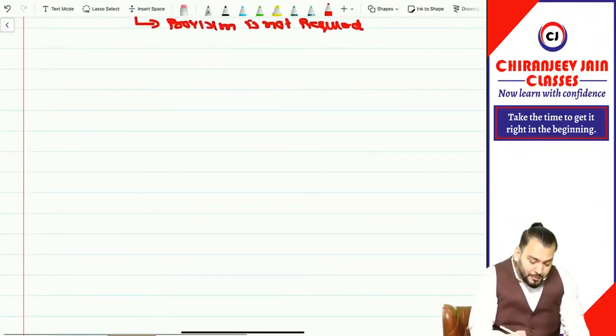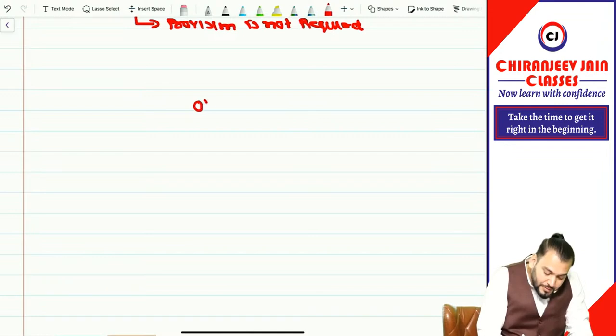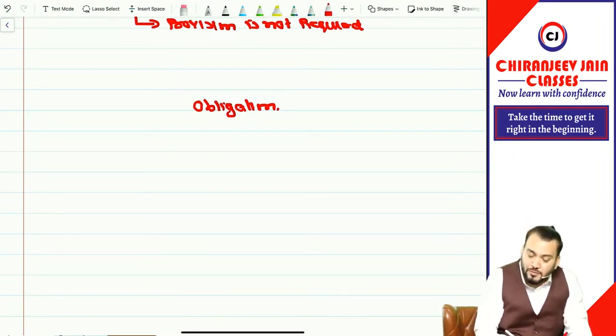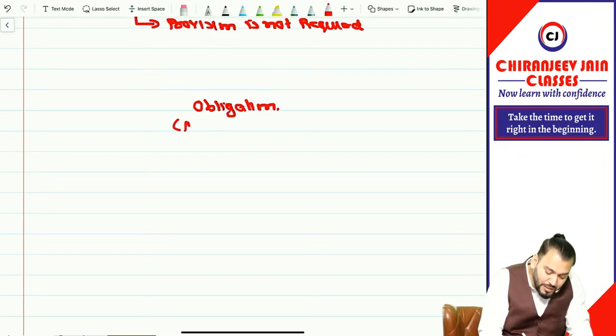Correct? Means now you have understood that we are discussing about obligation. Which obligation? When I am saying obligation, which is arising from past event. Correct?